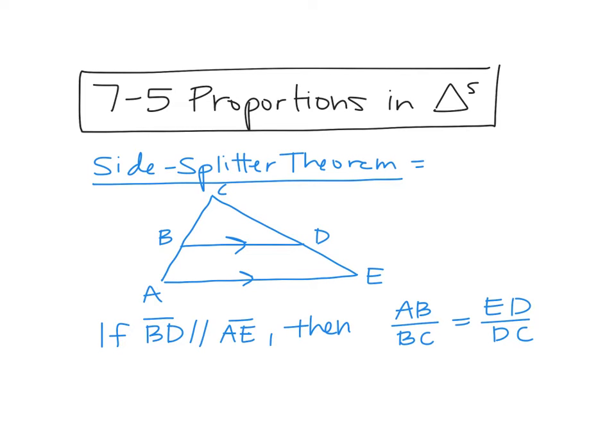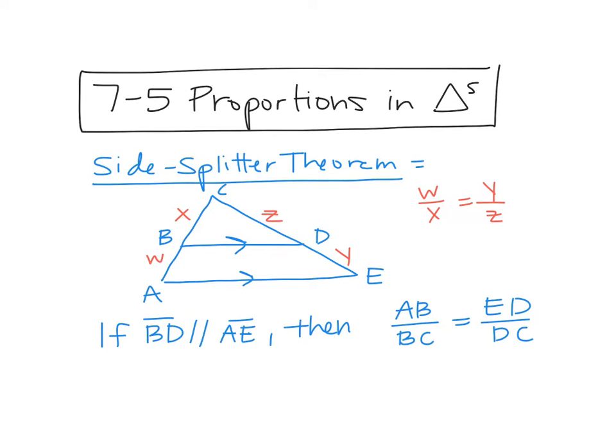Okay, if it helps you to see it in letter form instead, if we said this is W, X, Y, and Z, you could say W over X, or X over W, right? Properties of proportion says you can flip that over. So W over X equals what? Y over Z. Okay.